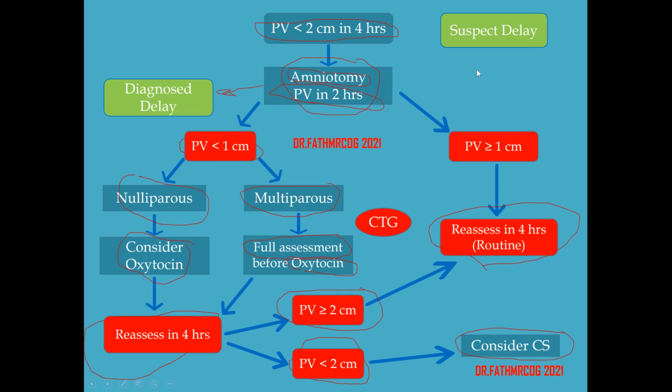When we do a PV in 4 hours and it is less than 2 centimeters dilated, we suspect a delay. And in the previous slide, you told that we will repeat the PV in 2 hours, and if it is less than 1 centimeter, then it is a diagnosed delay, and then we consider an amniotomy. Or do we directly consider amniotomy in suspected delay?